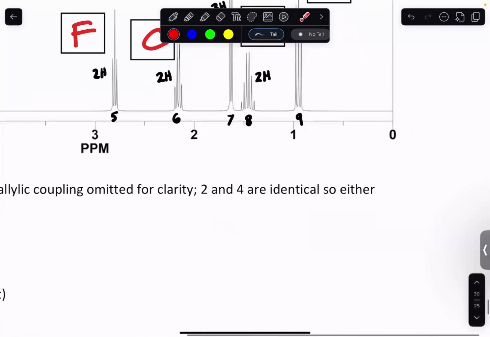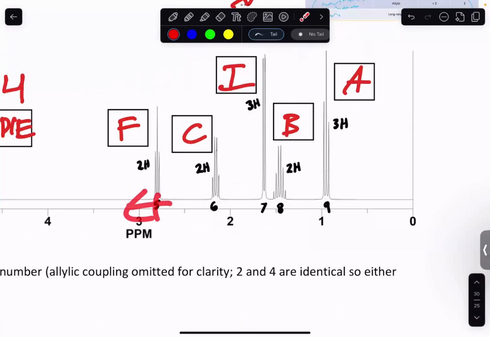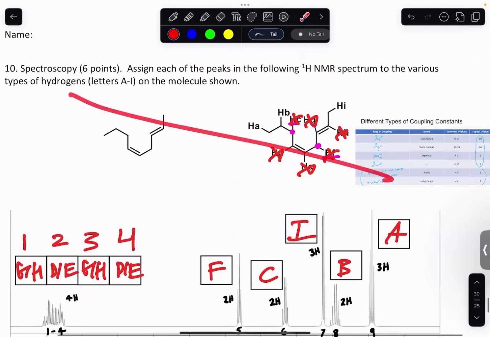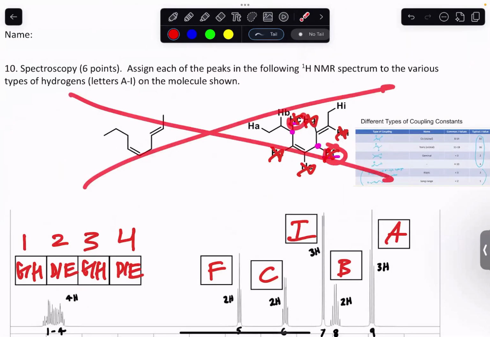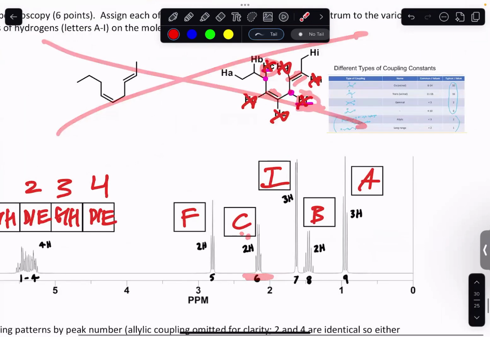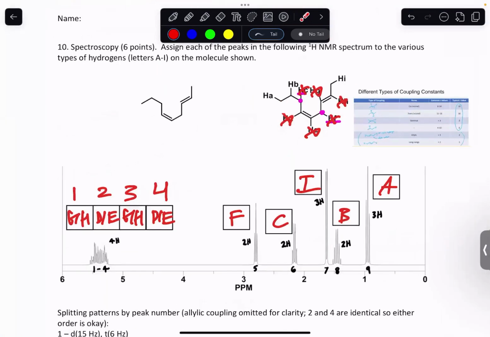It's more to the left. So that's another way that you could confirm this. Or if you were to predict the product from scratch and it wasn't given to you, that's how you could tell the difference between F and C. F is more deshielded because it is alpha to 2 alkenes, whereas C is not as deshielded as F because it's only next to 1 alkene. Okay.